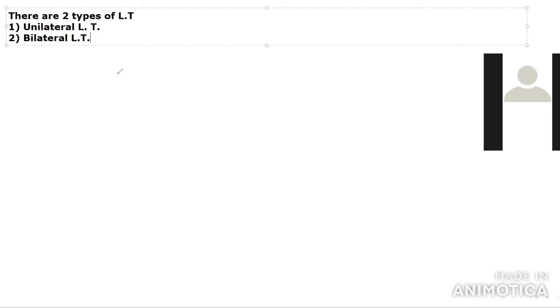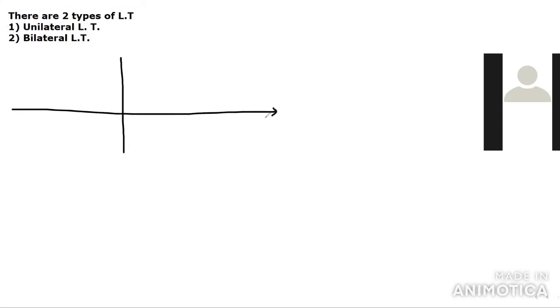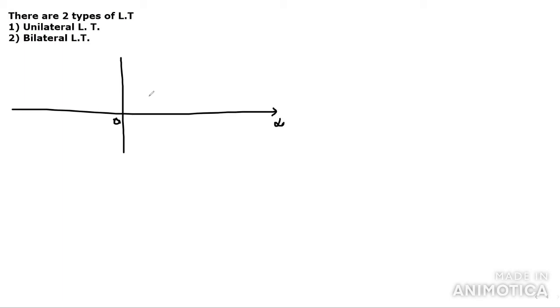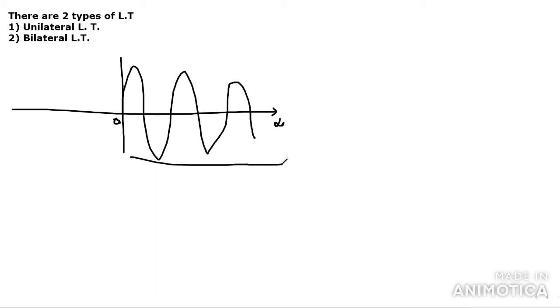If my signal exists only on one side, either 0 to infinity or minus infinity to 0, and we analyze only during this time, then such a type we call the unilateral Laplace transform.